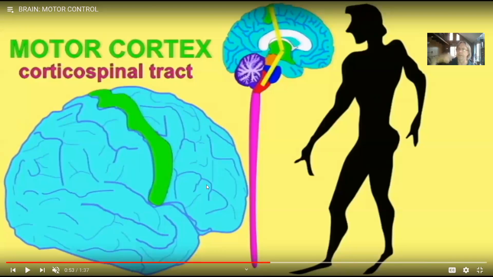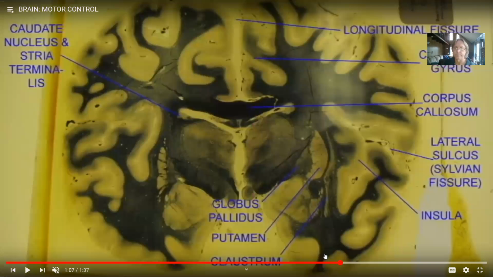In previous lectures, I've gone through how axons go from this motor cortex to the spinal cord in what's known as the corticospinal tract, which then carries these voluntary muscle commands. But once again, your cerebrum has more to it than these voluntary centers. Your brain is bigger than your mind, if you like that statement.